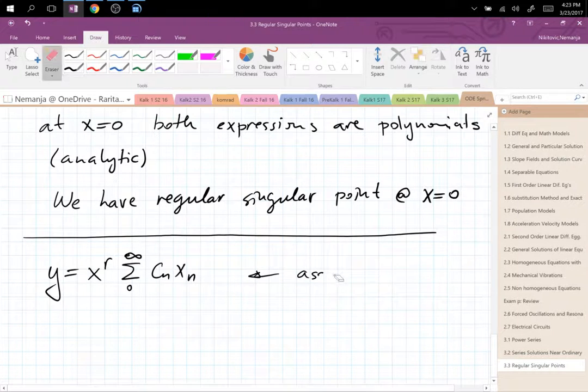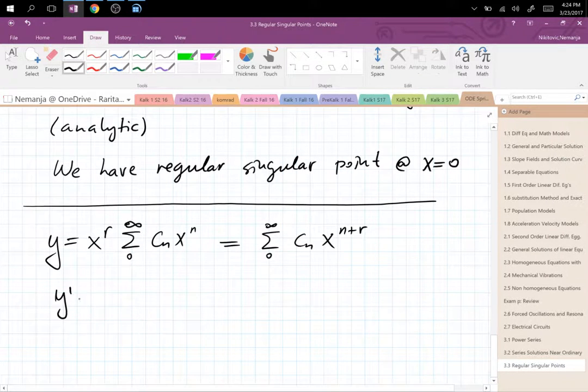So yeah, we're assuming this one. What I want to write here is the summation of Cn x to the n plus r, from 0 to infinity. I was supposed to put this n in the exponent. And then y prime is going to be, the counter shifts by 1, and we have n plus r times Cn x to the n plus r minus 1, whatever those values are.